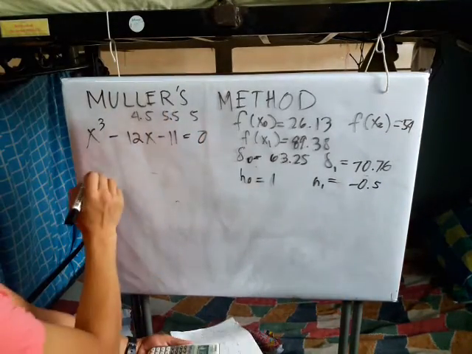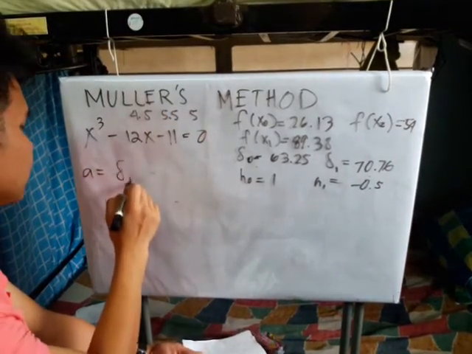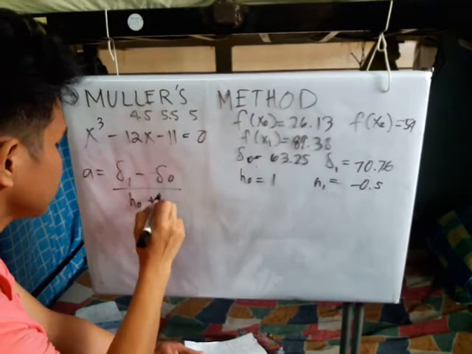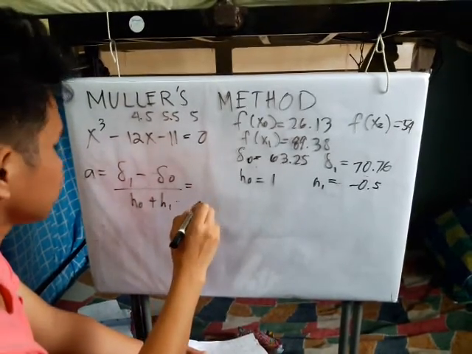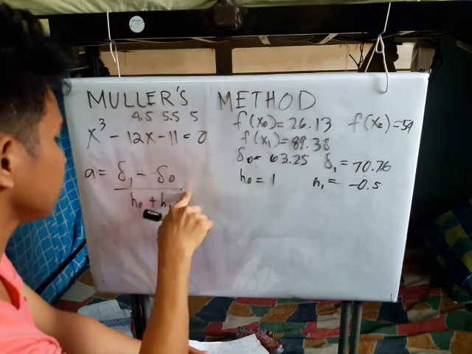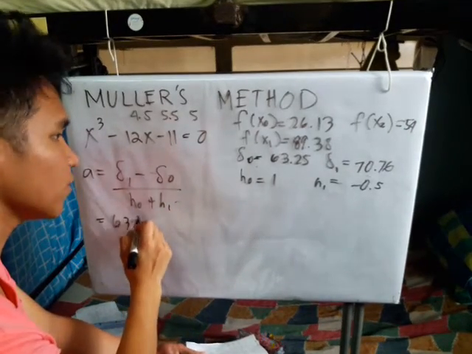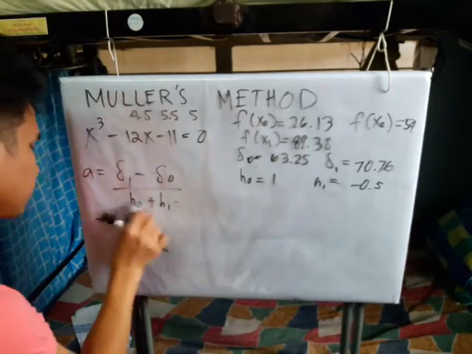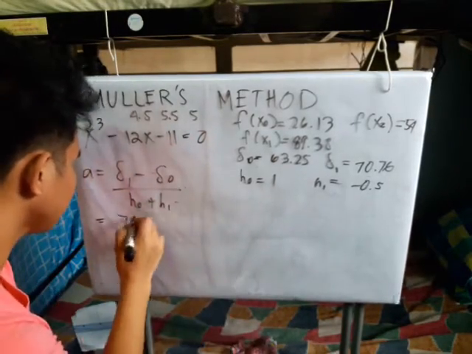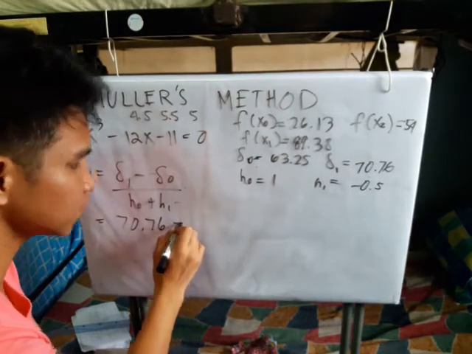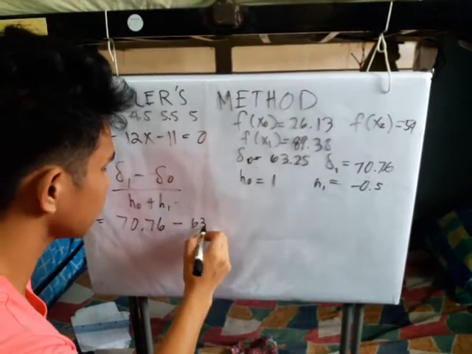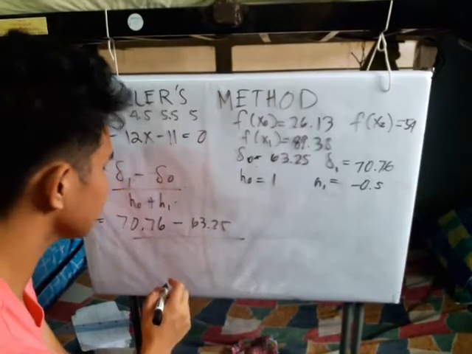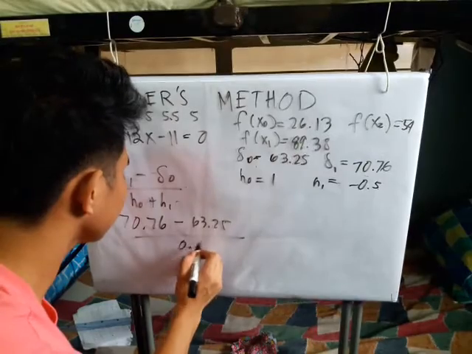So we can find now the value of a. Value of a is delta 1 minus delta 0 over h0 plus h1, which is 70.76 minus 63.25 all over 1 plus negative 0.5, which is 0.5.